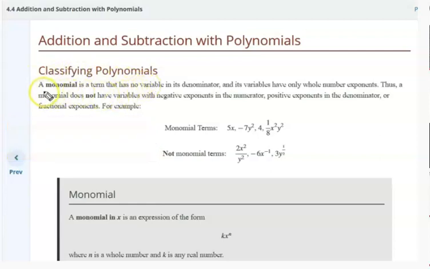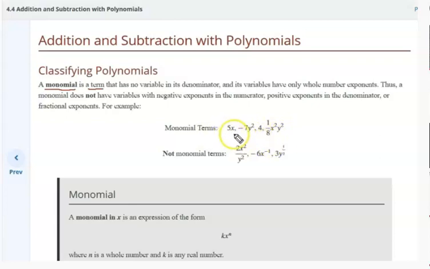So our first term is a monomial. Now, what are monomial terms? Well, as we look at these examples here, there's 1, 2, 3. Notice a term is separated by either a plus or a minus here, and the commas, of course, separate the terms in this case.